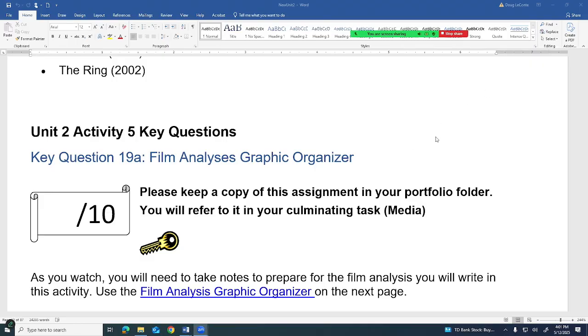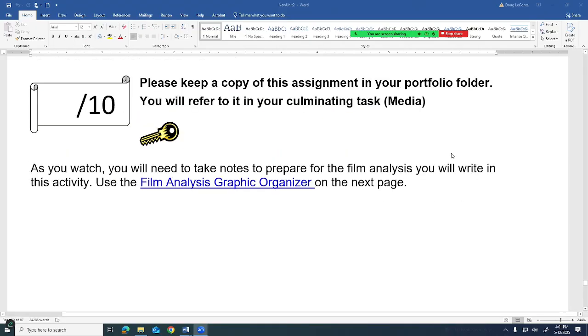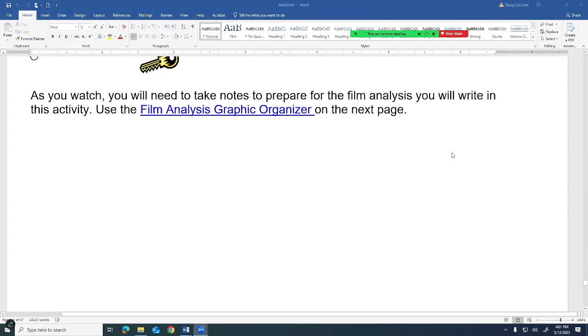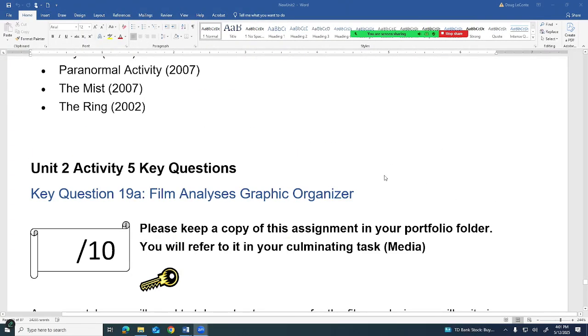So, the first thing that we had to do was to create a film analysis graphic organizer, and that was on page 79. You were asked to pick a film that you wanted to do a film analysis on, something that you might be familiar with, but you could have also picked one of the movies from our previous list that you might not have seen before.